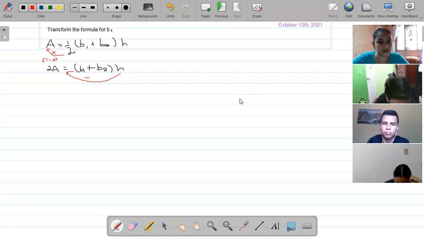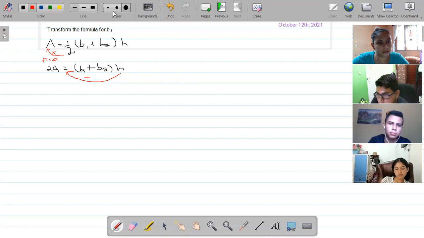This one uses the inverse operation, okay? So we're going to continue and say 2A over h. 2A over h is equal to, and I can remove the parentheses now, B1 plus B2.